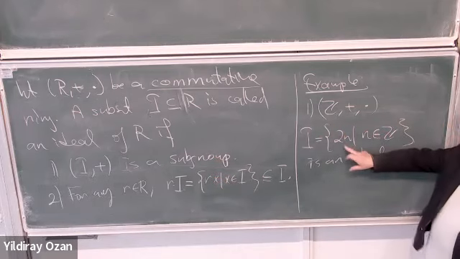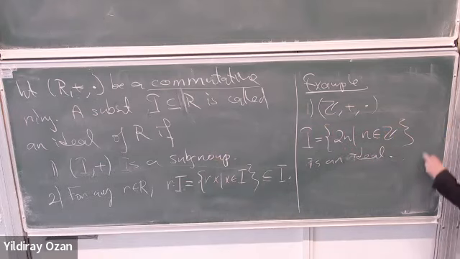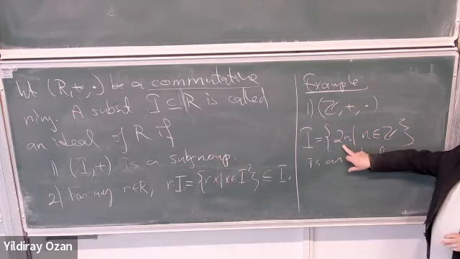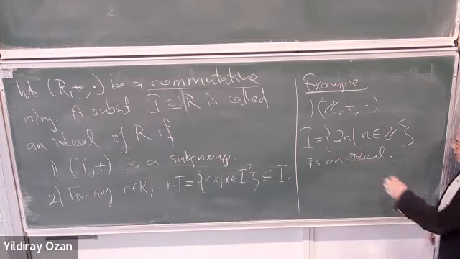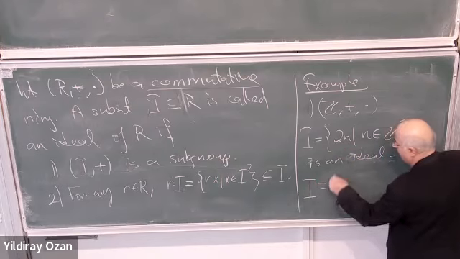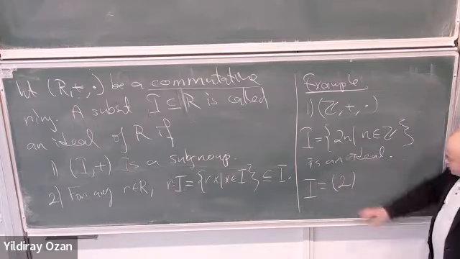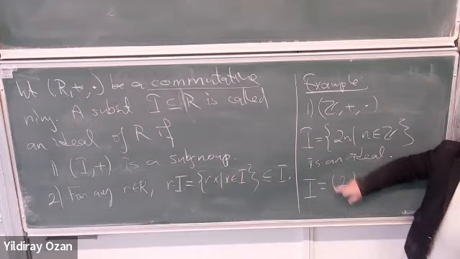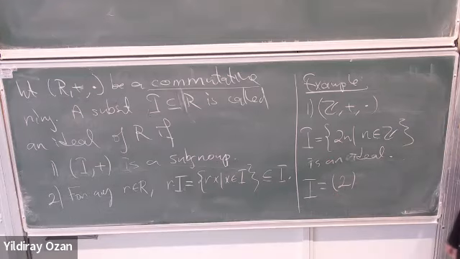And actually, in this case, you see, all the elements here are multiples of 2. That's why we usually write it this way. So this ideal is generated by 2, meaning that every element here is just a multiple of 2.